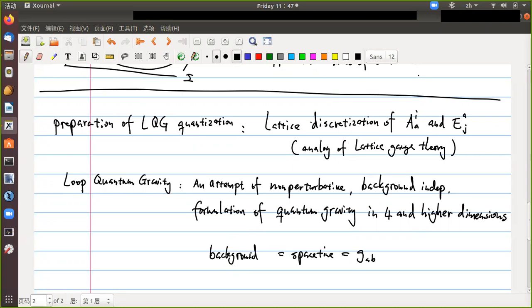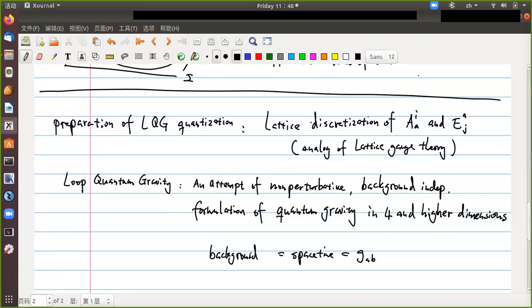This is very different from all other kinds of field theory. For example, in Maxwell theory you have to assume a metric, which is usually a flat space-time. It's the same for all other fields, Dirac theory and scalar field theory. You have to assume a metric, but for the gravitational field this is very special. The Einstein equation doesn't assume a metric, because the metric itself is a dynamical variable.